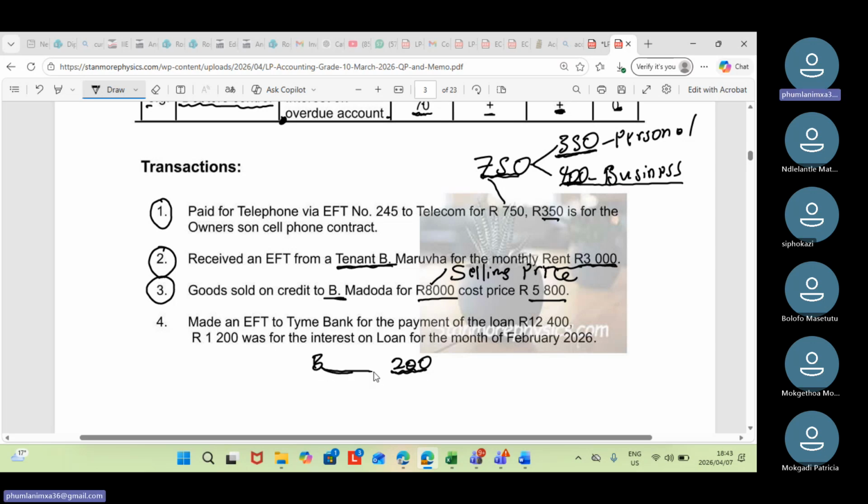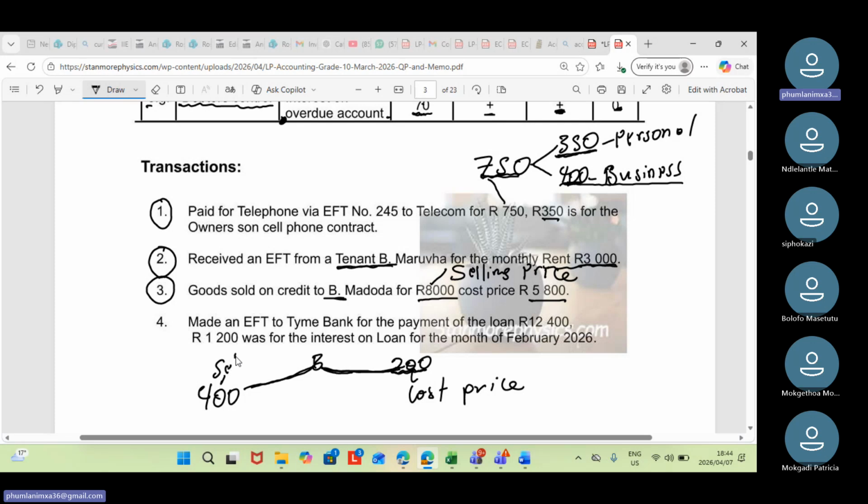You are buying it at 200 and then you decide to sell the same calculator to your fellow classmates, since you are doing grade 10, at 400 or 300. The 200 you paid to people who just passed matric is classified as the cost price. It cost you 200 to buy the calculator. Now you are selling it at 400.